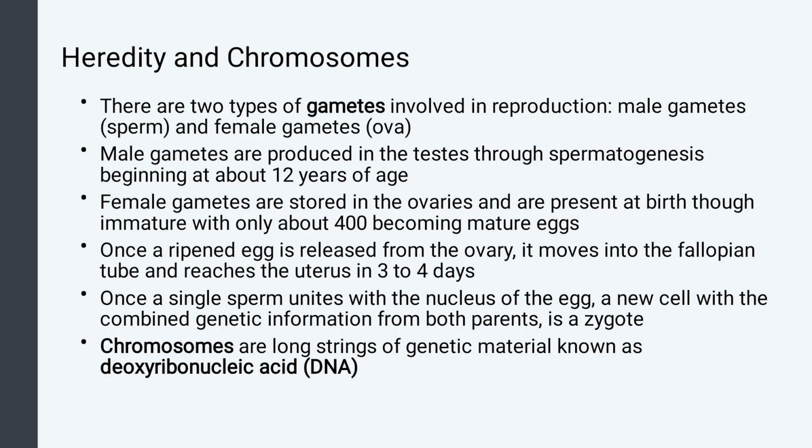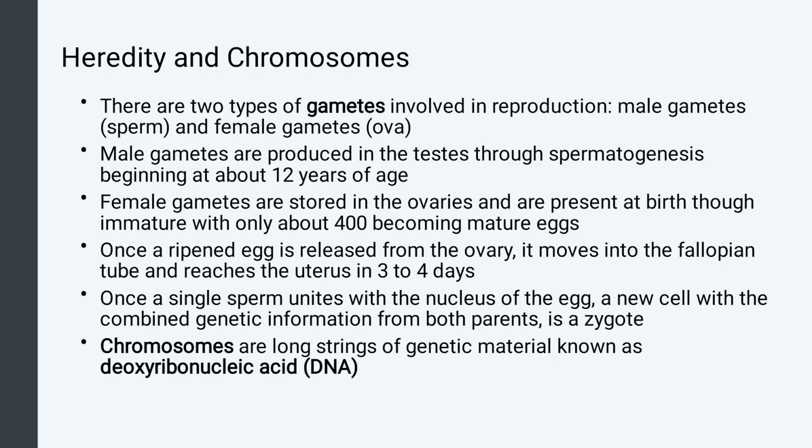Once a ripened egg is released from the ovary, it moves into the fallopian tube and reaches the uterus in 3 to 4 days. Once a single sperm unites with the nucleus of the egg, a new cell with the combined genetic information from both parents is formed, called a zygote.